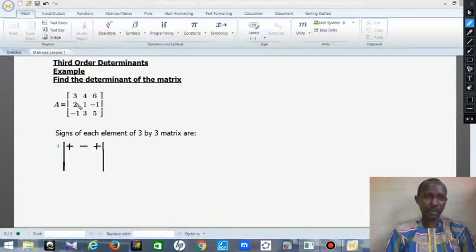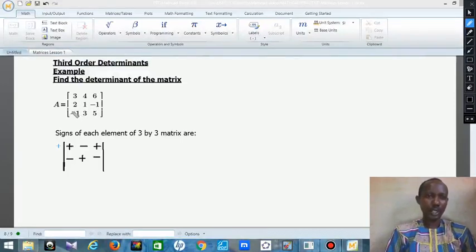Then the next row will now be minus, plus, minus. So 2, the sign attached to it is going to be minus. Then 1, the sign attached to it is plus. Take note. Then this minus 1, the sign attached to it is minus. That is minus, plus, minus.